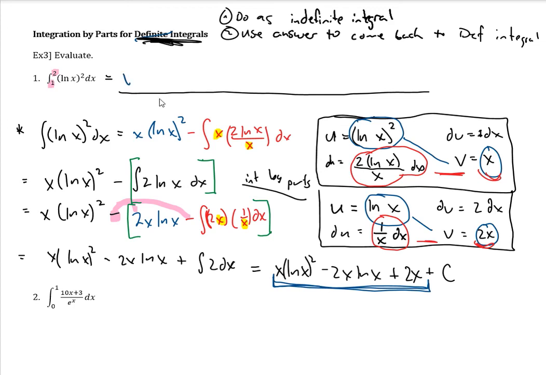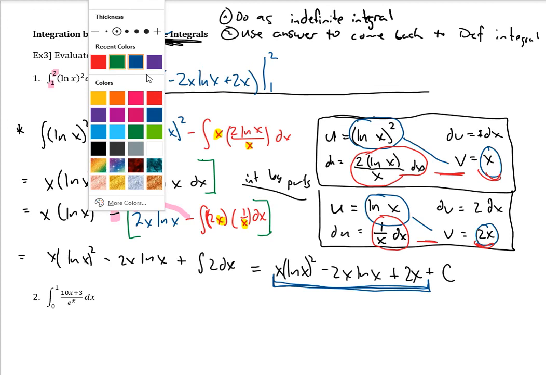Okay, so it is x ln of x squared minus 2x ln of x plus 2x. And then I don't need the plus c because it's a definite integral, but I need my vertical bar 1 and 2. Okay, and then now those are going to go in.